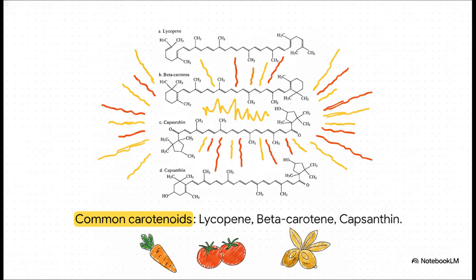A minimum of 7 conjugated double bonds in this tetraterpenoid molecule is required before the compound even has a perceivable color. It's helpful to think of these conjugated double bonds as precise light-catching antennas. The extent of these bonds, along with the molecule's stereochemistry, determines exactly which wavelengths of light are absorbed, and that's what produces the brilliant yellows and oranges we see in things like carrots, tomatoes, and palm oil seeds.